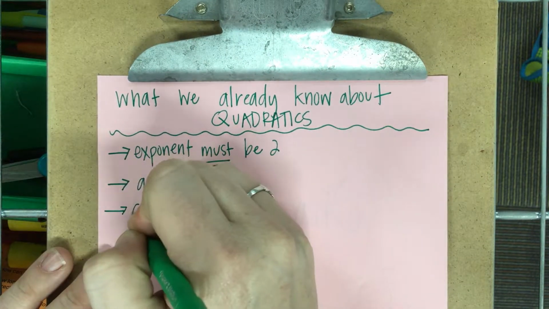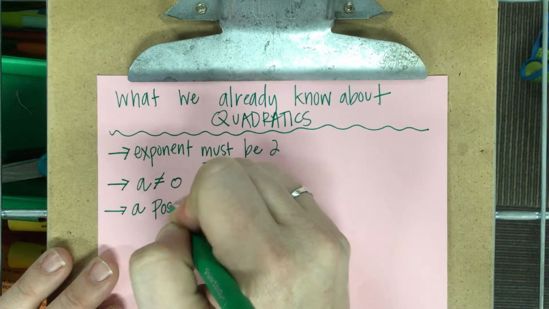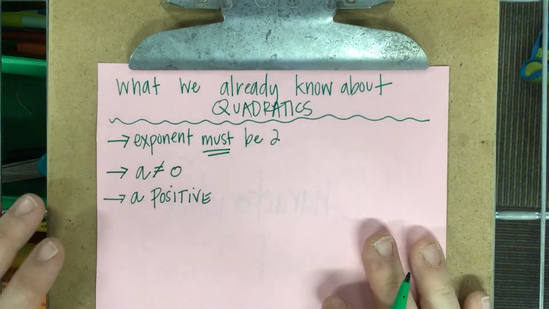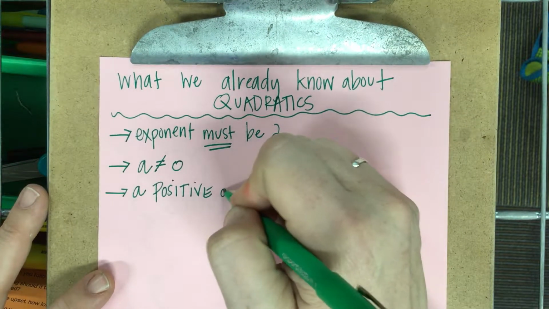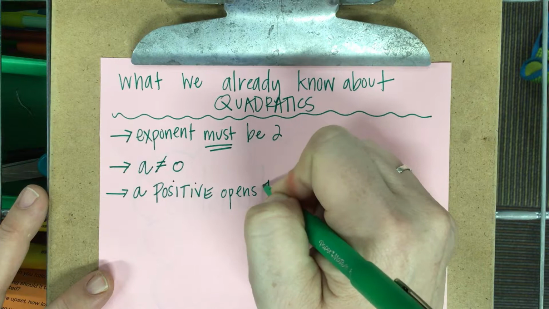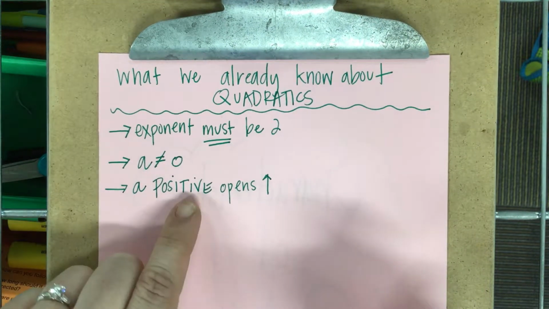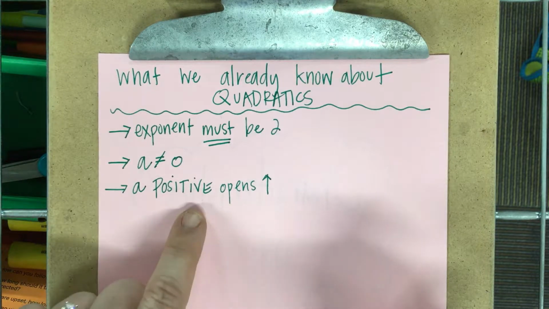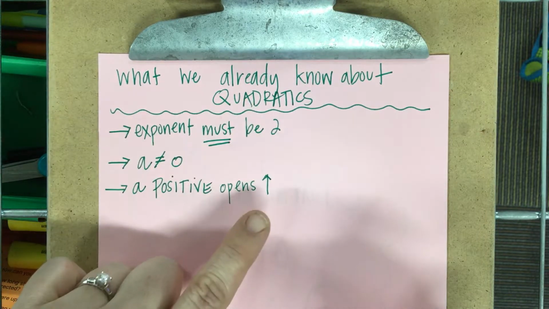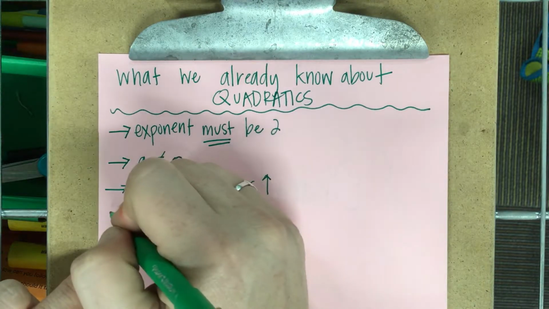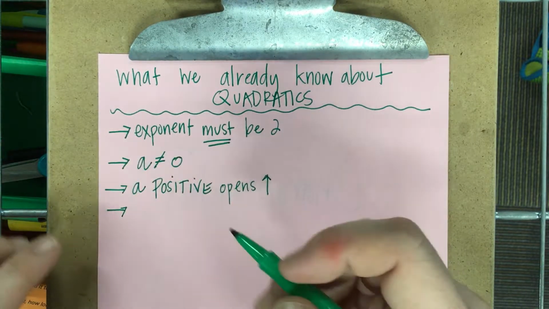We know that if a is positive, what? It opens up. We know that quadratics that open up have a maximum or a minimum.